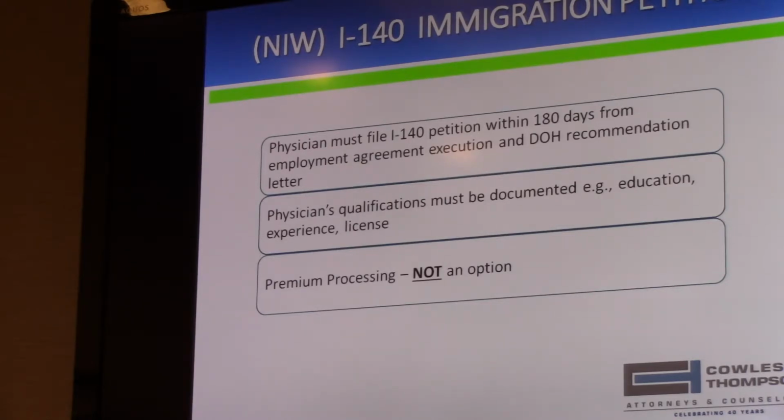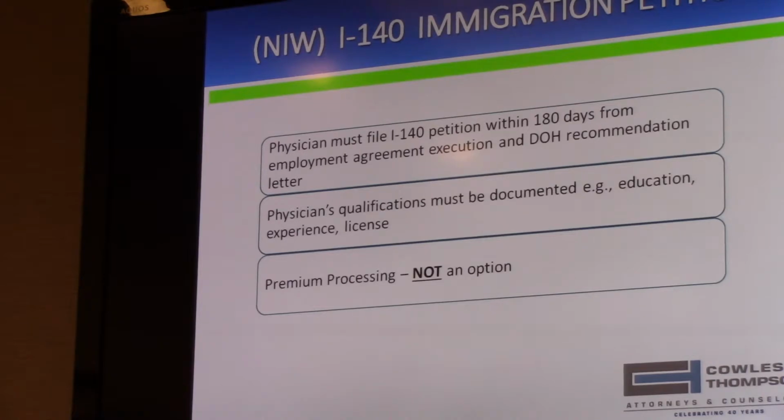Physicians must file the petition, that is the I-140. If you noticed, with the labor certification you start with the PERM and then you move up to the I-140. With the national interest waiver, you start with the I-140 and then you go from there. There's also a 180-day term: from the moment you sign the 5-year agreement, or you obtain the letter from the Department of Health, you have to file that petition.